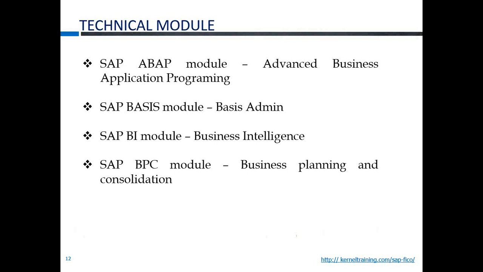Take Reliance: it has many companies, like textile, petroleum, flights, everything. So it is mandatory for the government to disclose the consolidated report of all these companies under the Reliance Group. In that case, you can work with the business planning and consolidation module as well.